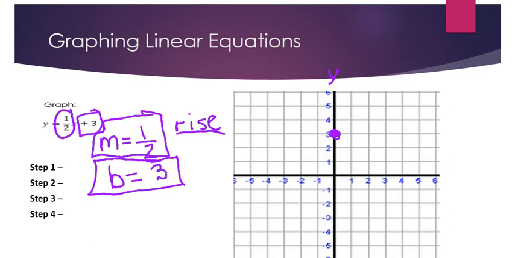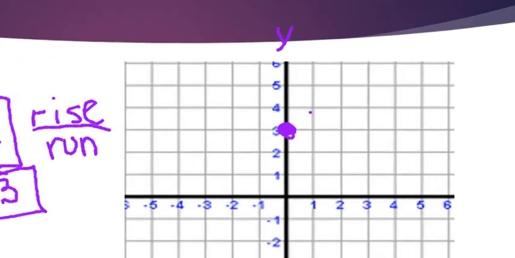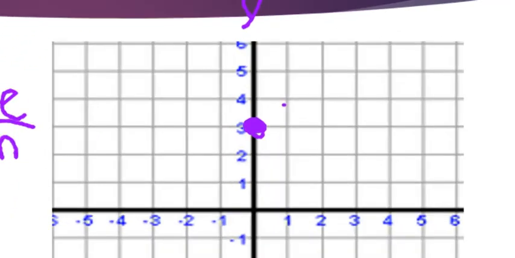So, because it's positive 1, I'm going to go up 1. And then I'm going to go over 4. And then if I wanted to go in the opposite direction, I would go down 1 to the left 4.